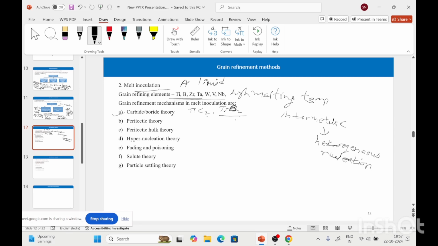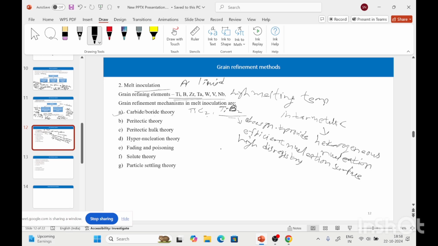As we see, the titanium boride does not provide an efficient nucleation surface because it has a high disregistry with the aluminium nucleus that will nucleate on its surface.